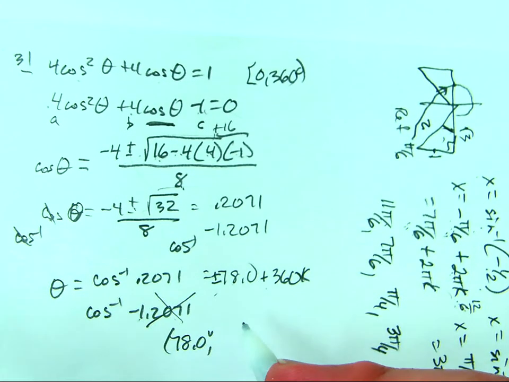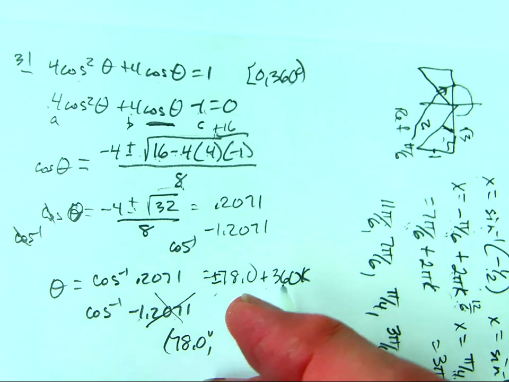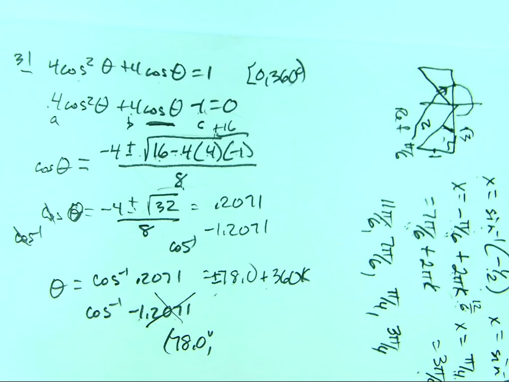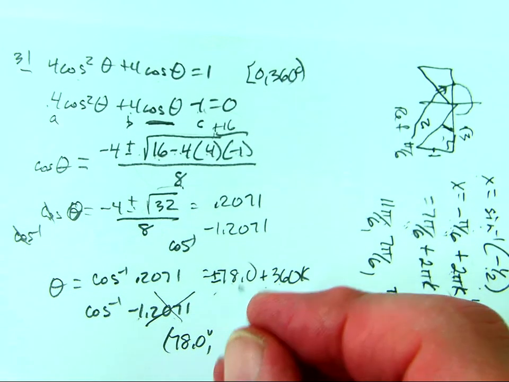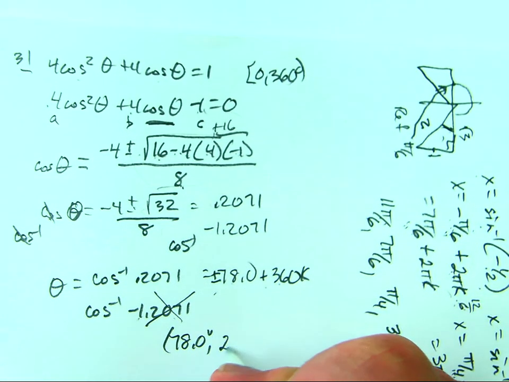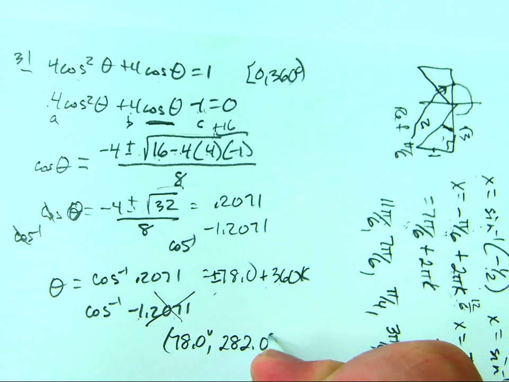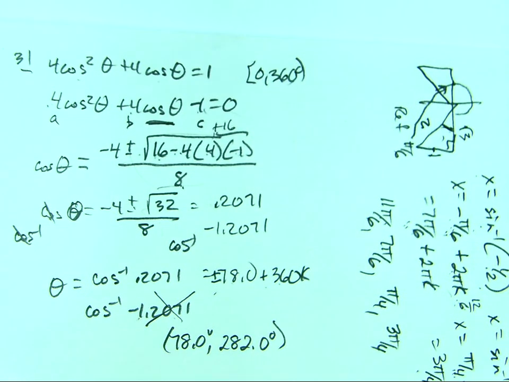Add 360 to that. So if we add 360 minus 78, we get 282. So that's our two answers there.